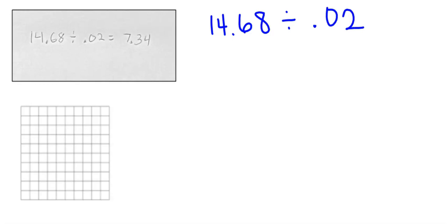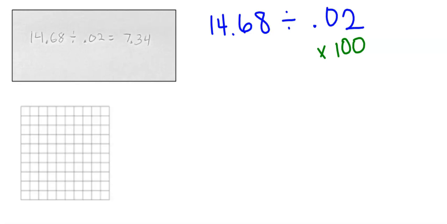So how can I make that not a decimal? So I'm going to multiply that by 100. Why 100? Because if I just multiplied it by 10, it would still be 2/10. So I want it to be 2.